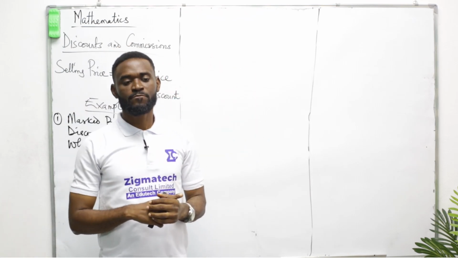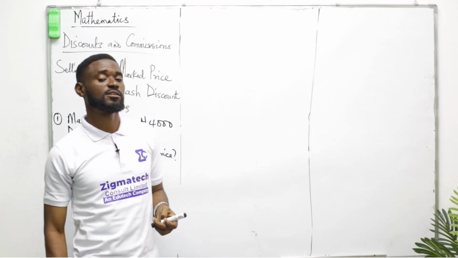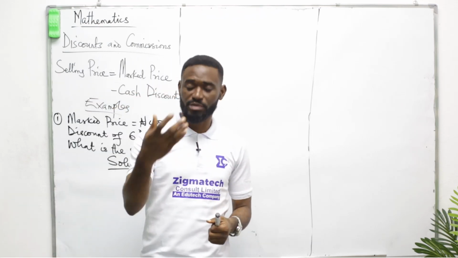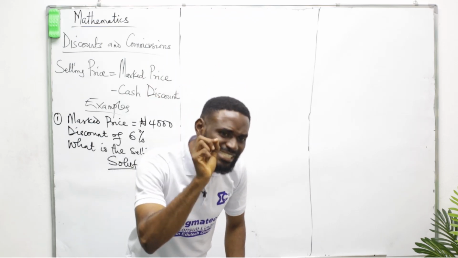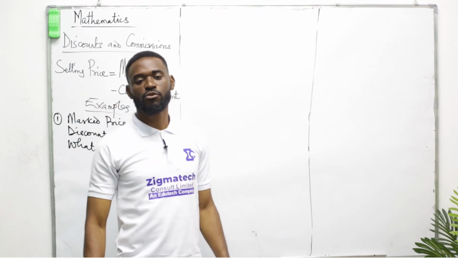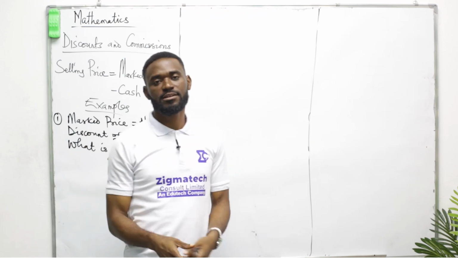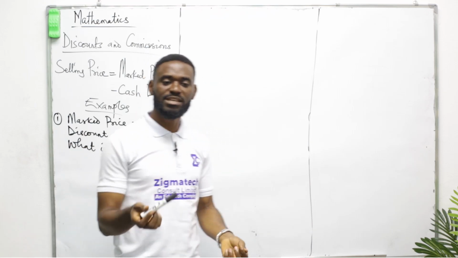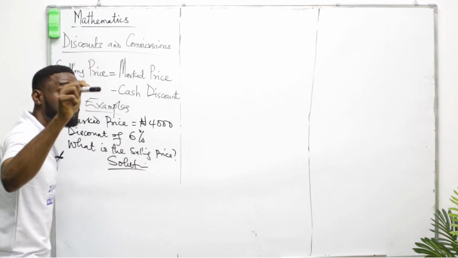And the shopkeeper says to the customer, oh, since you are my customer, you have been patronizing me, I will give you a discount of 6% of the 4,000 naira. So fine. How much will this man pay the shopkeeper? What that means is that this shopkeeper is giving this man 6% of 4,000 naira.